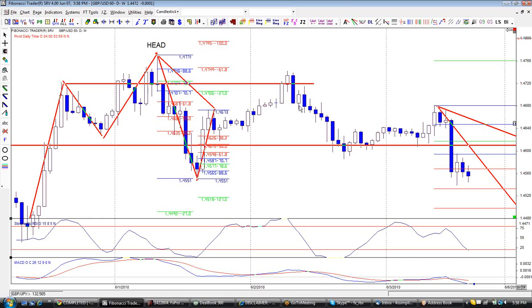Now, there are some techniques to use fundamentals with price patterns. Those are a little more advanced, and we'll talk about those in other classes. But there are techniques for trading patterns with news together.